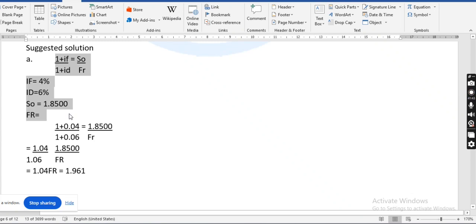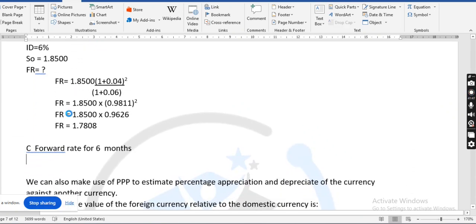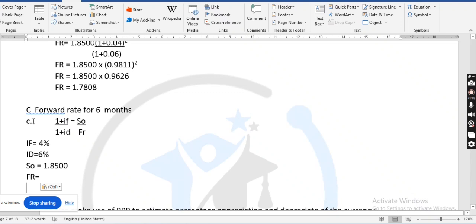Now, this is what we have here as the forward rate from our formula. The reason why we leave 4% here is because it's for a year. Class, it is because it's for a year.